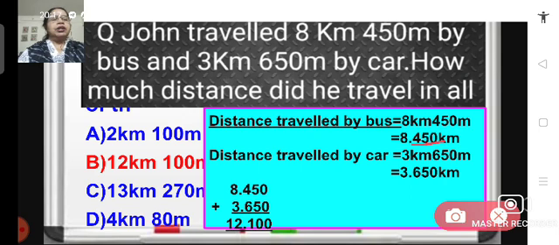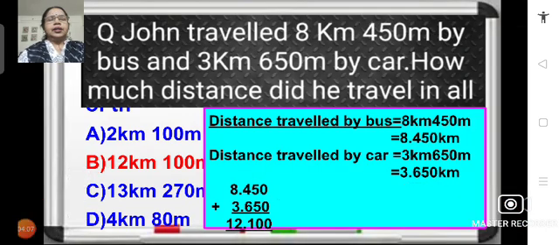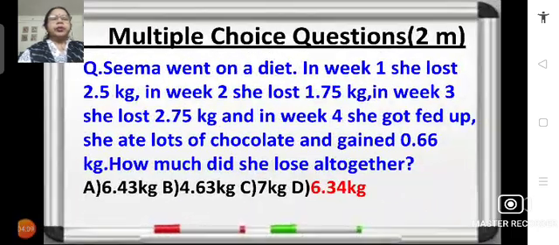And distance travelled by car is 3 km 650 meter, which means 3.650 kilometers. Now, when we add both of them, what do we get? We get 12.100, or you can write 12.1 kilometers. So, which is the right option? It is option B. Let's move on to the next problem.